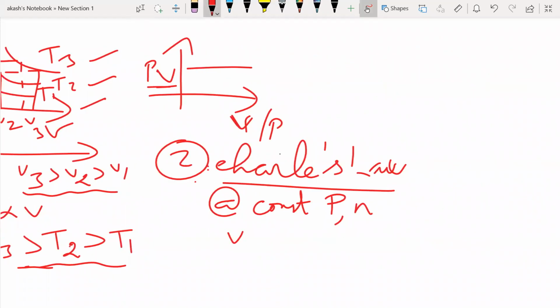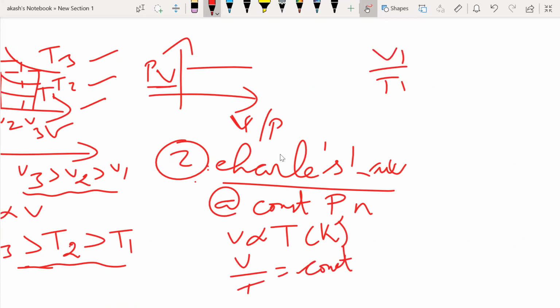So at constant pressure and number of moles, the volume of a gas is directly proportional to the temperature of the gas. Again, absolutely, it's going to be in Kelvin. Please be very careful. Okay, so now I can say that V by T is constant, or I can say V1 by T1 is equal to V2 by T2 is equal to V3 by T3, and so on and so forth, is some constant K.